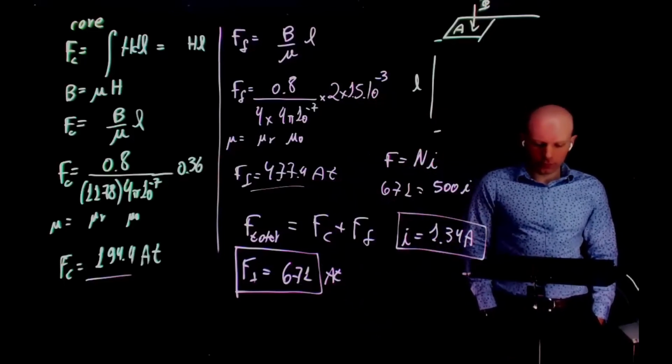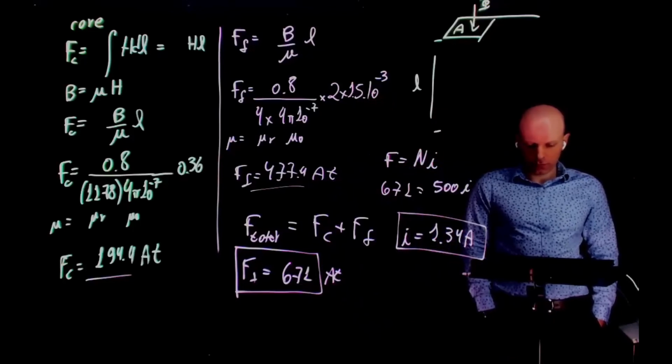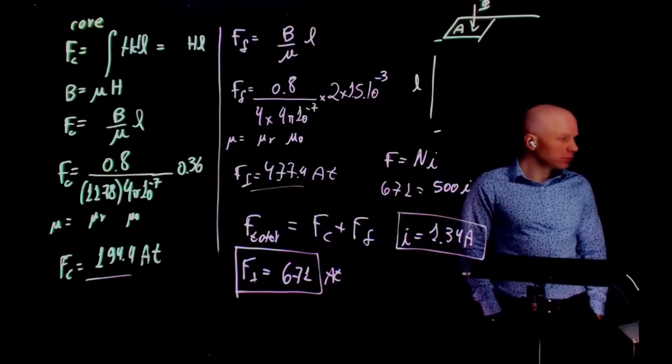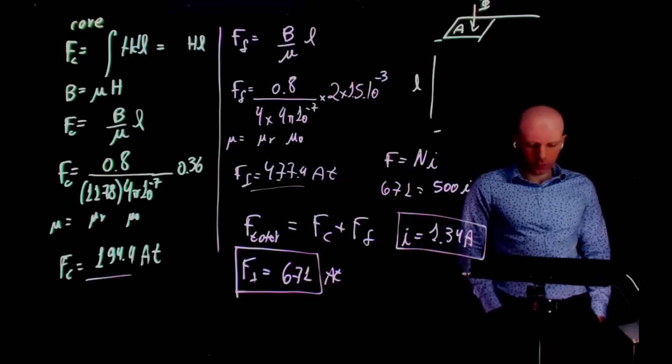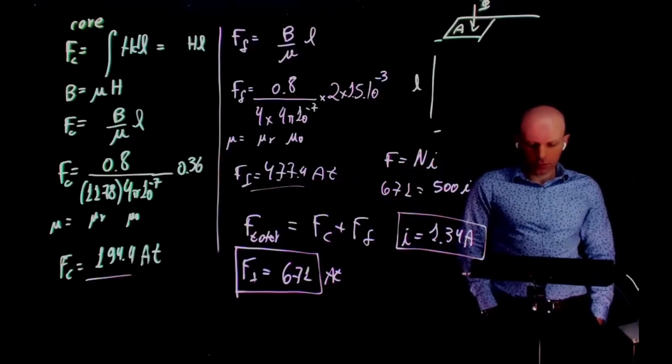So I guess my question is, if you just add those two electromotive forces, I think that's what they are, doesn't that give you a greater magnetic field intensity in both?